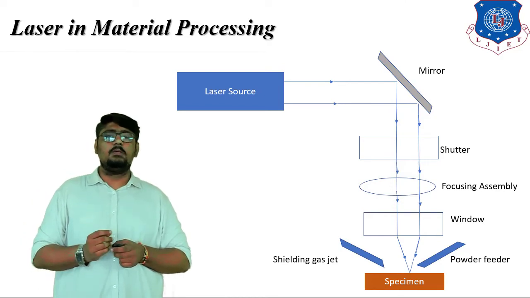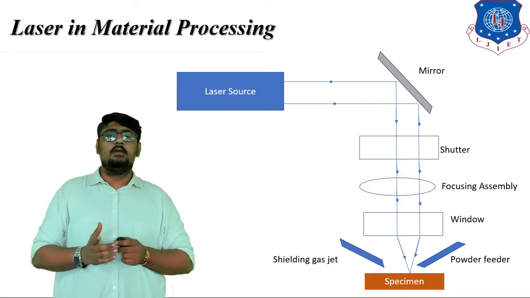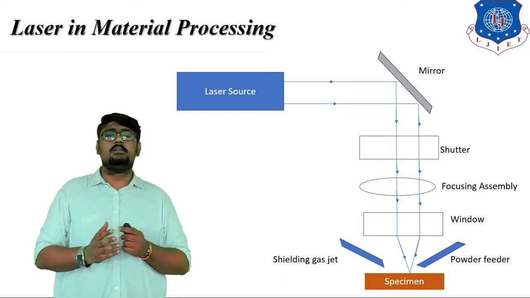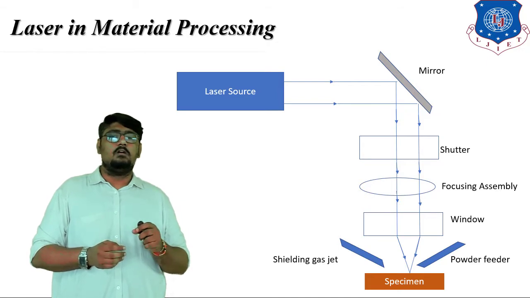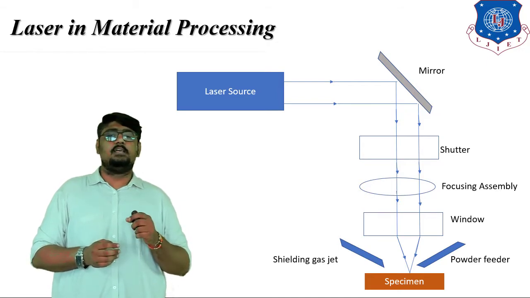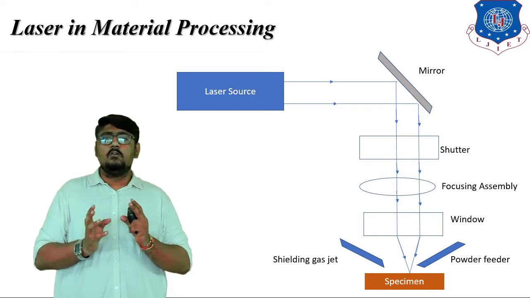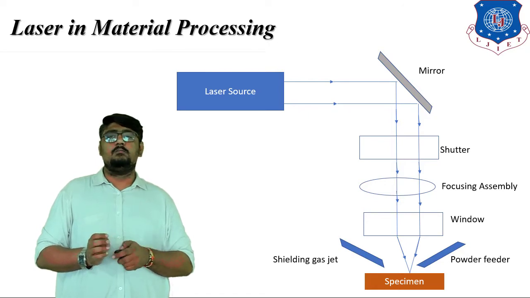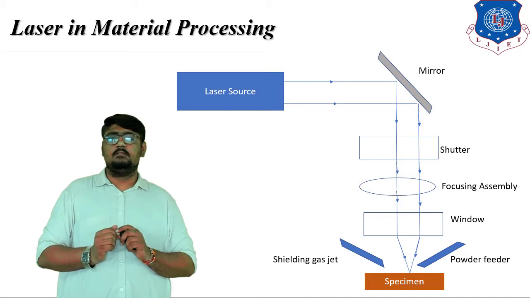Then it passes through the shutter which controls the intensity of the laser beam and allows it to fall on the focusing lens assembly. This lens assembly focuses the fine beam onto the window and it is made to be incident on the specimen.